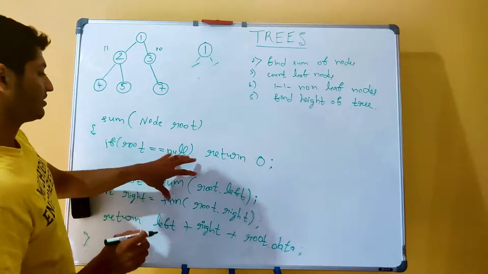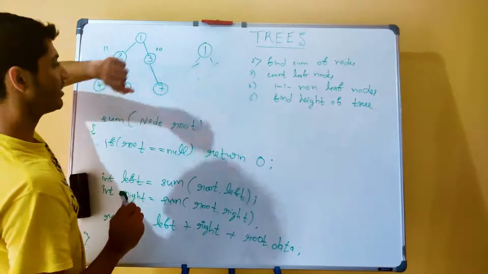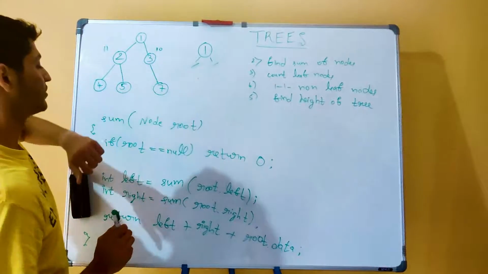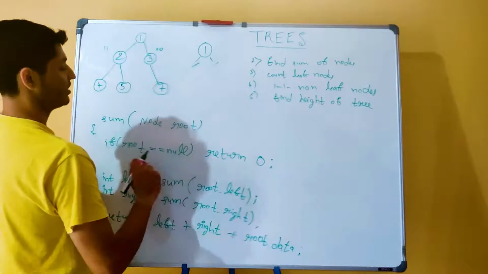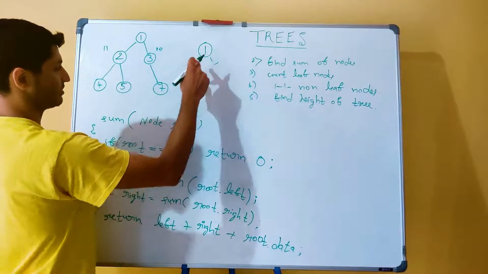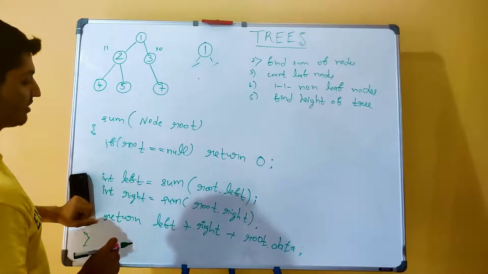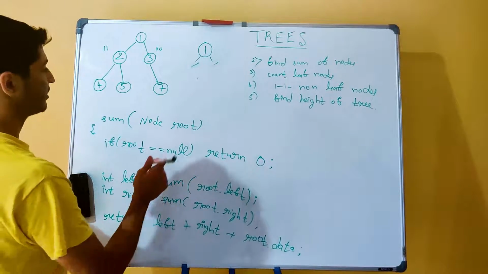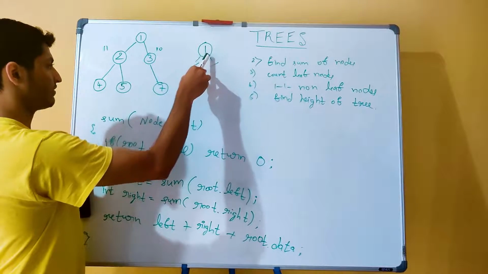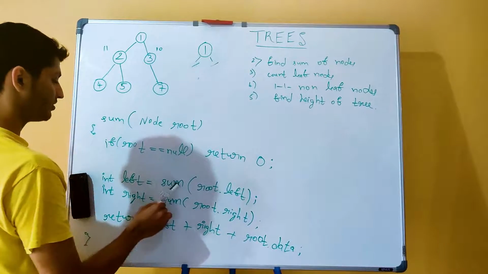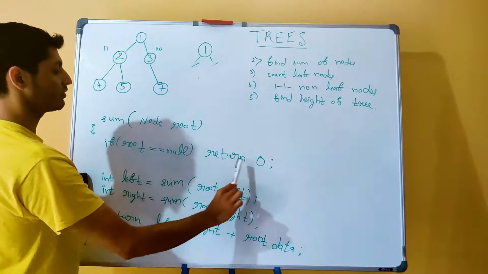So if you just apply your function to this tree, let's see, I give 1 to my function to find the sum. Now root is not null because I have a node 1 which is not null. Then I go for finding the solution for left subtree and right subtree. Both these recursive calls will make this base condition true.